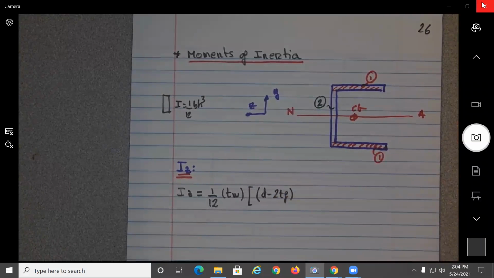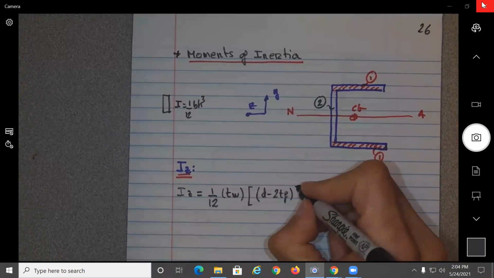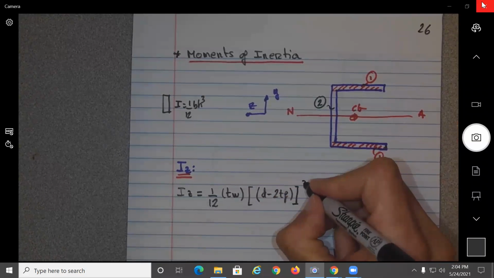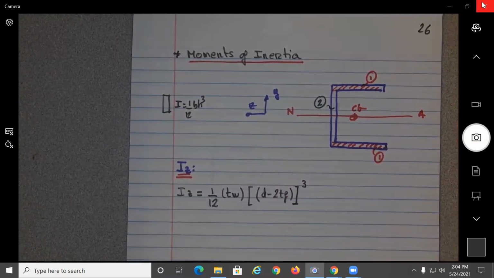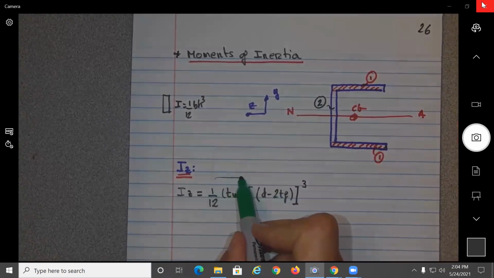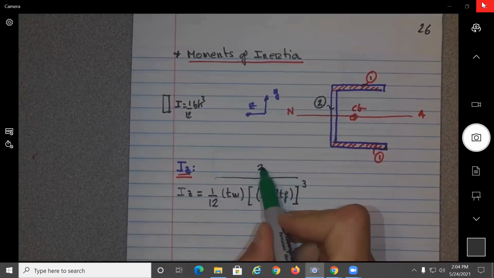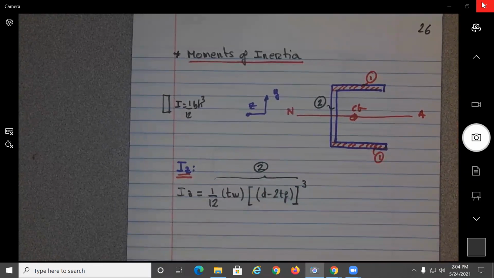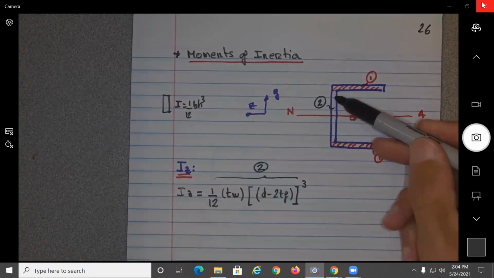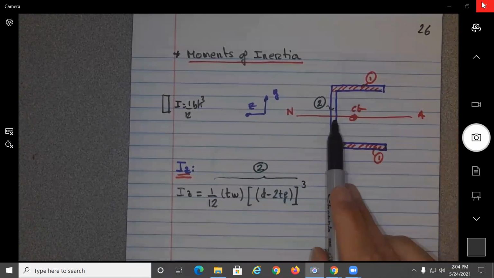Maybe I did not need the bracket, but right here to the cube. So again, this is for 2, because the CG of 2 is located right about the z-axis, correct?